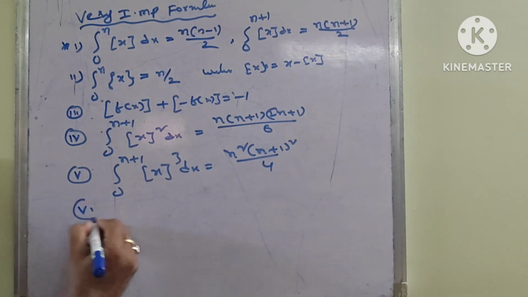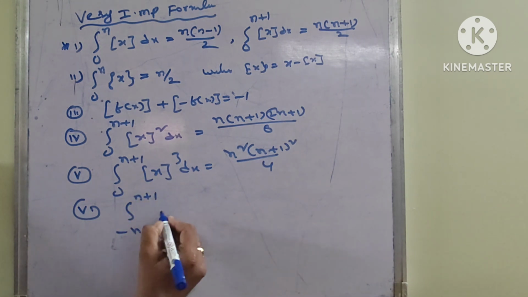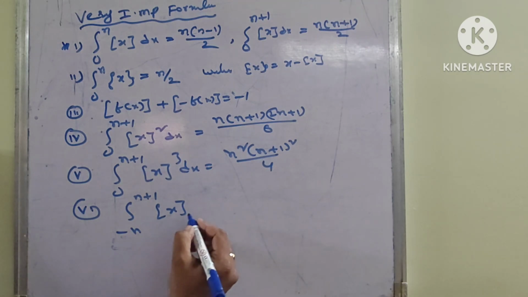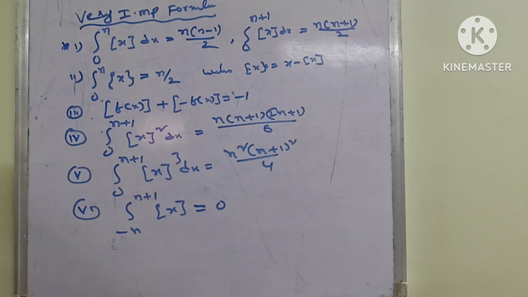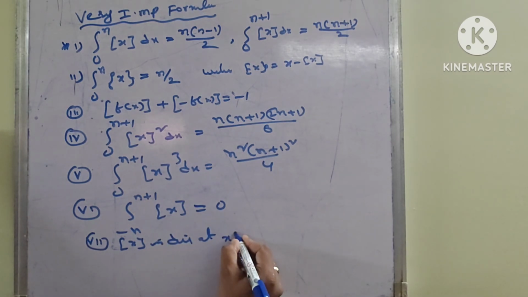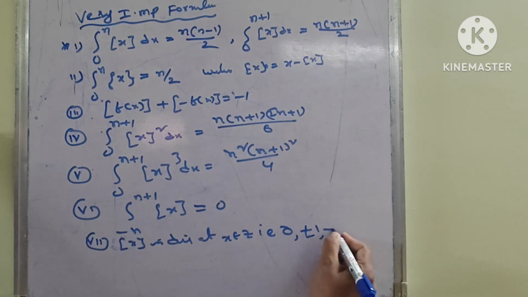Sixth formula: integral from minus 1 to n plus 1 of integral part of x dx is equal to 0. Seventh point: integral part of x is discontinuous at x belongs to Z, that is 0, plus or minus 1, plus or minus 2, and so on.